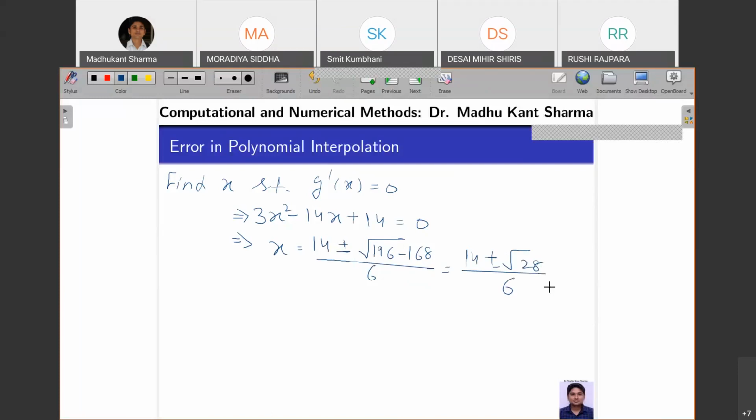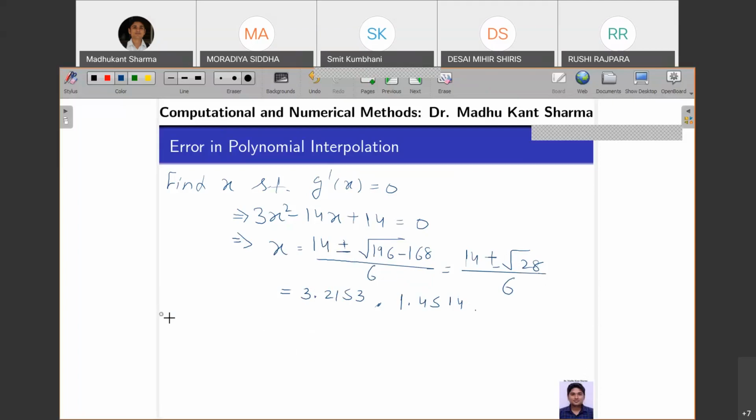If you use the calculator, one value is 3.2153 and another value is 1.4514. The other points are x equals 1 and x equals 4. The boundary points are also critical points, right? So you check all the function values in the magnitude sense.